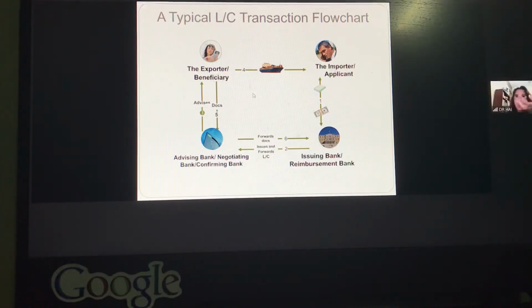Why? You don't ship the goods to the importer, but you still want to get payment from the issuing bank. What about the purpose of that?